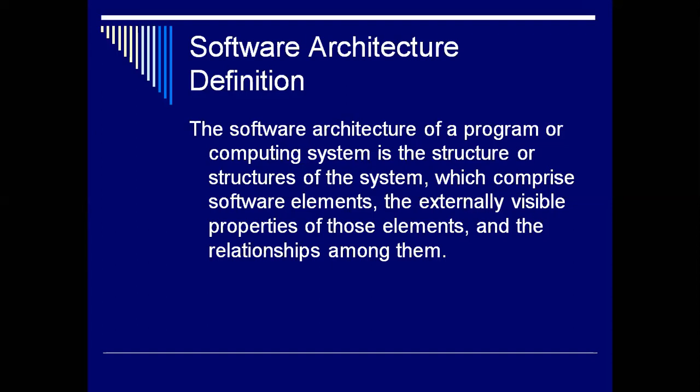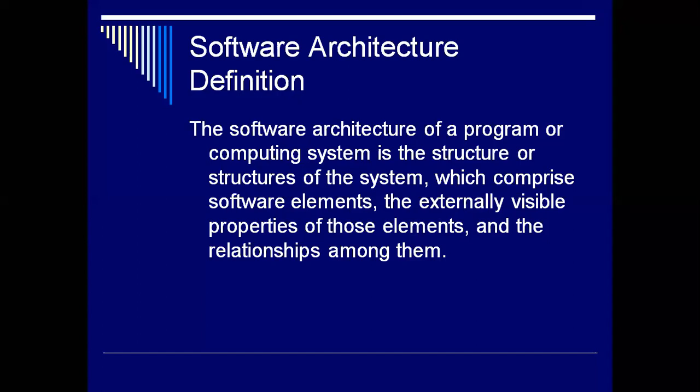Software architecture, or it is a computing system. For that computing system, we have to build a structure, and that structure focuses on the properties, the elements included in it, as well as the relationships between elements.